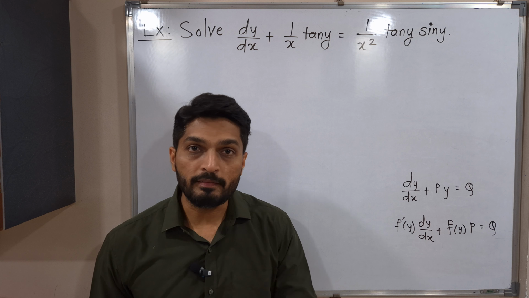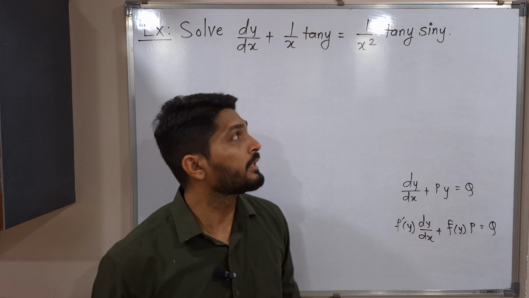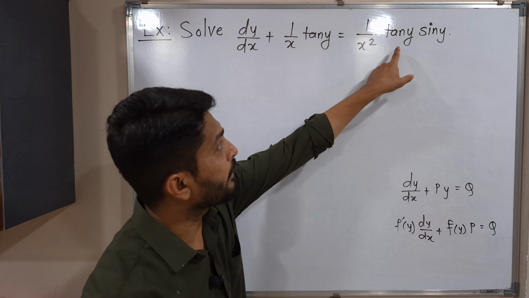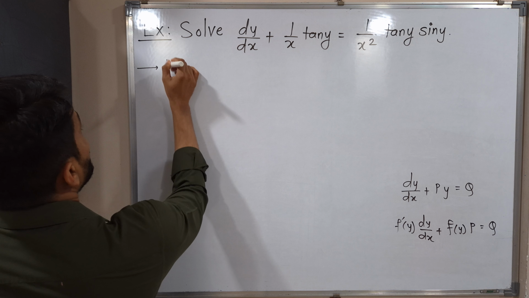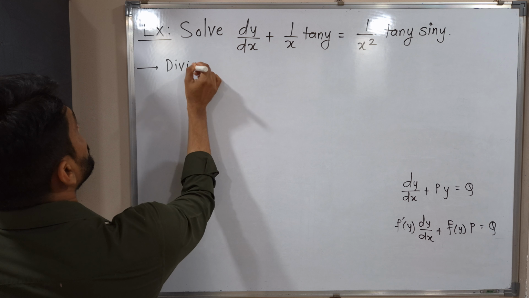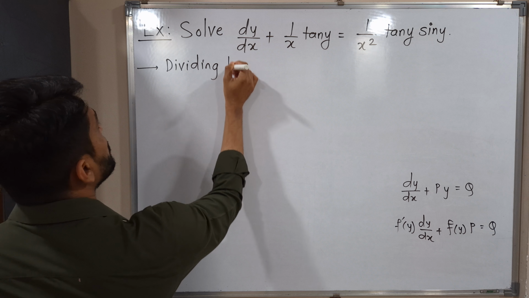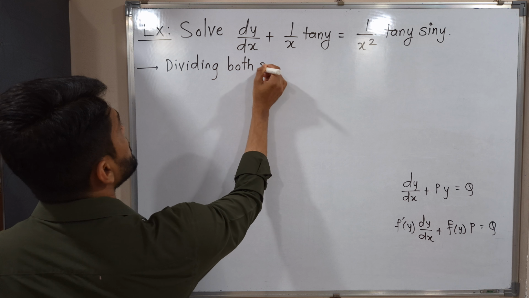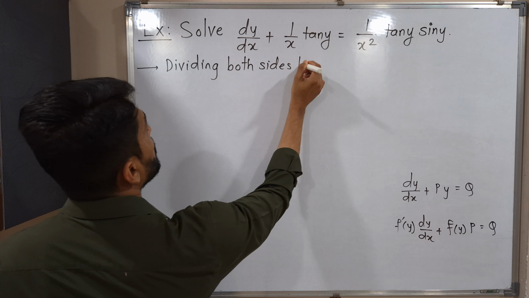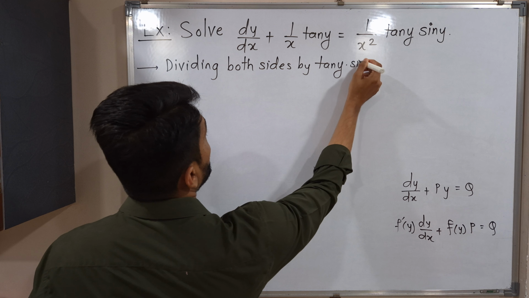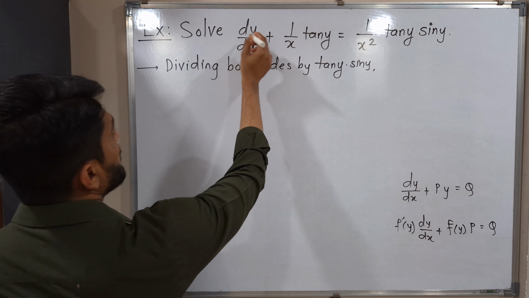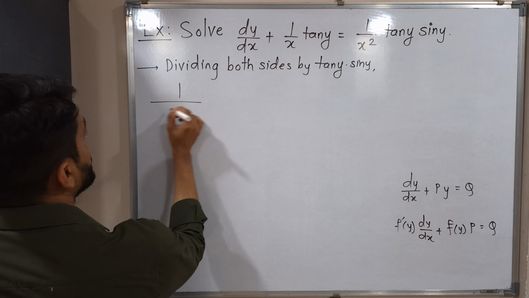So first of all I will divide both sides by this function of y, which is tan y sin y. So let me clearly mention here, dividing both sides by tan y into sin y. So let us see what will happen. I will divide the first term by tan y sin y.